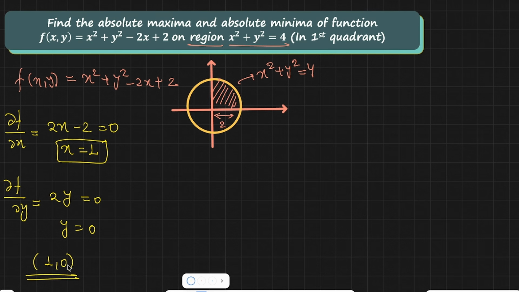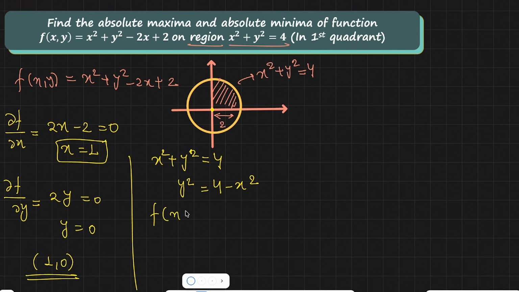This is not the only critical point, because it is saying first quadrant, and 0 comma 0 is also a critical point. And one more thing, you can substitute into f. In this case, if you want to get the critical point, you have x square plus y square is equal to 4. So you simply put y square is equal to 4 minus x square and put it here.